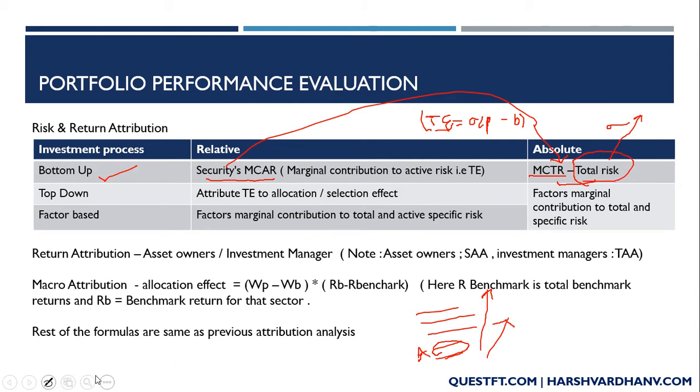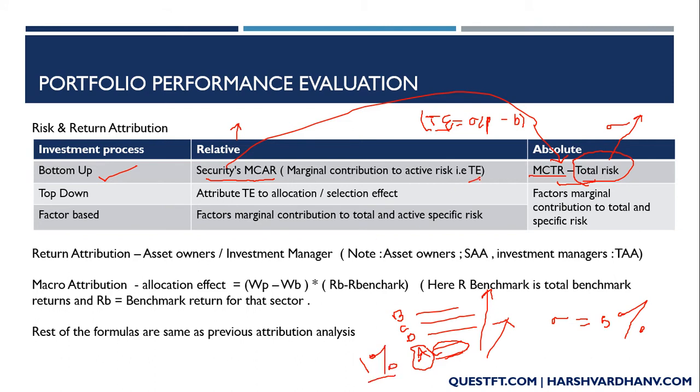For example, to understand this, you might have a portfolio of say four assets A, B, C, D, and this has a standard deviation of, suppose, 5% risk. So when I say security's MCAR on relative basis, what is the total change in the tracking error if I increase this security by 1%?